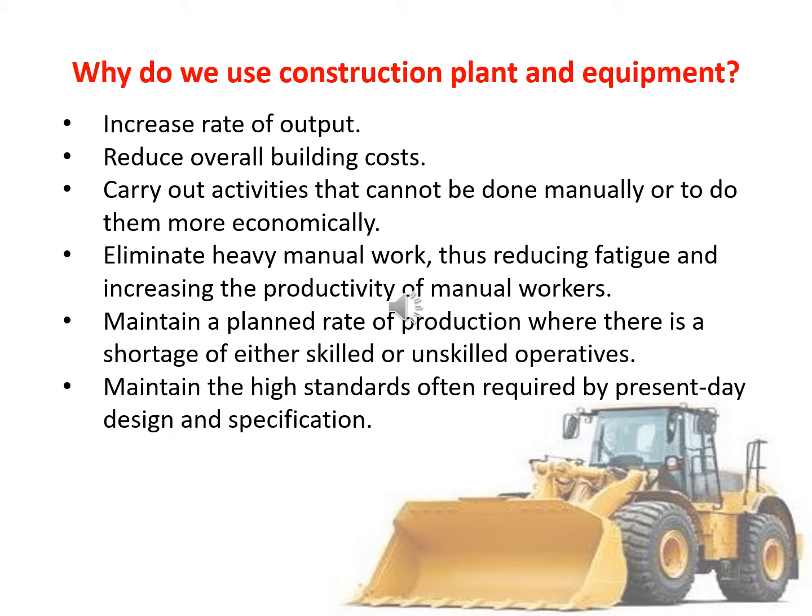It eliminates heavy manual work, thus reducing fatigue and increasing the productivity of manual workers. Maintain a planned rate of production where there is a shortage of either skilled or unskilled operatives. Maintain the high standards often required by present-day design and specification.